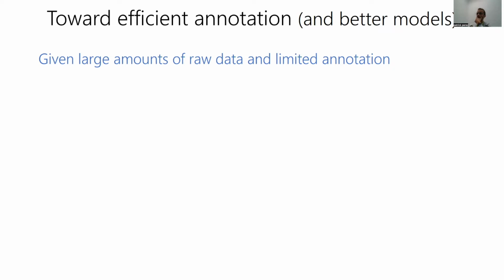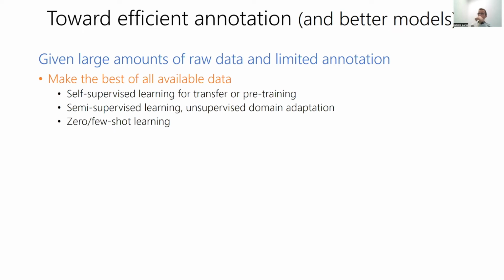So let's see what we can do with this data, or this lack of data. Let's assume that we have this large amount of raw driving data, and that because of all the constraints I mentioned, the annotation is fairly limited. There are different things you can do to use this data.